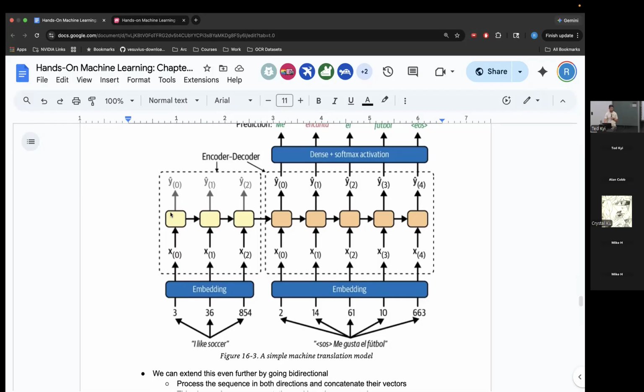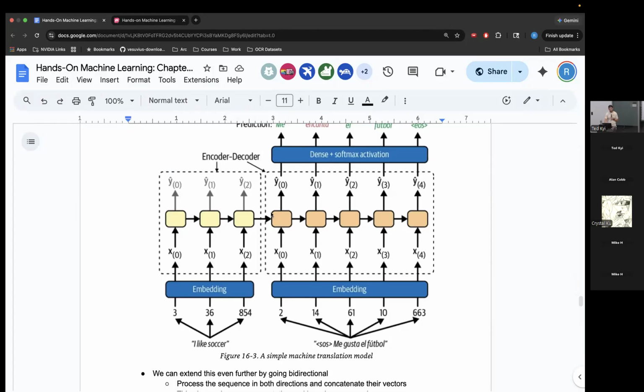And then we go through this RNN, we loop through X0, X1, X2, and at the end it's read the whole sentence, I like soccer, and it outputs some vector. Typically what we were doing in the past was we would just keep looping back on itself. But what we do here is we actually pass it to the decoder.